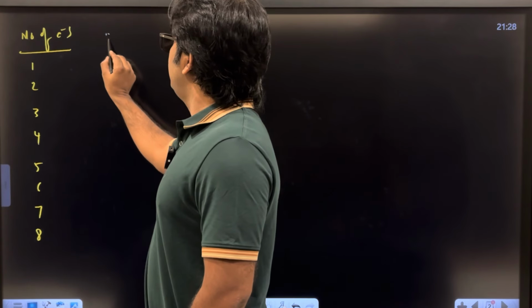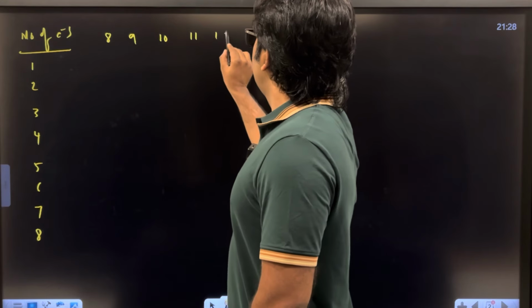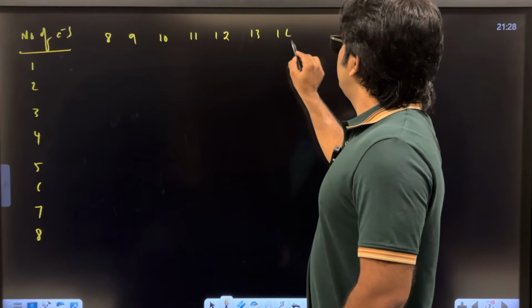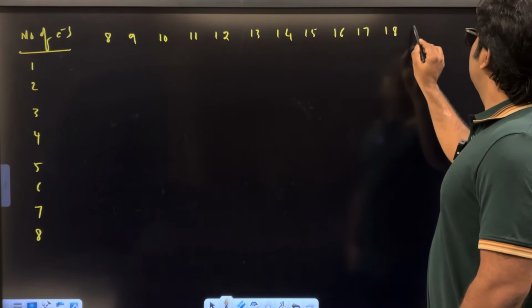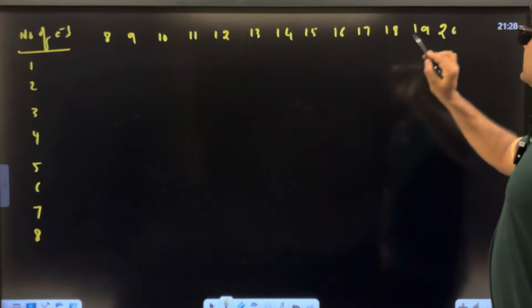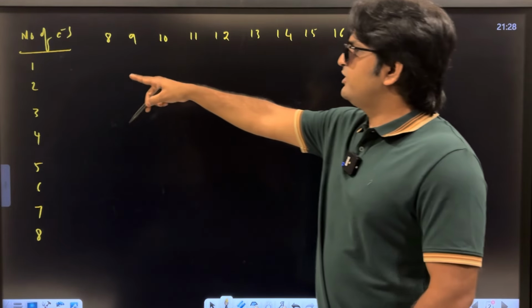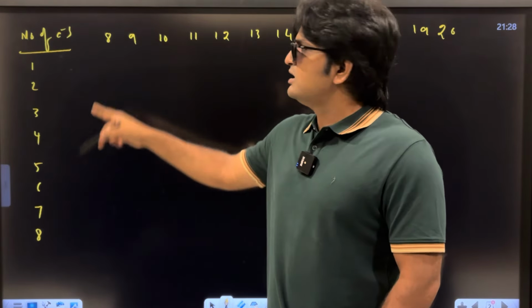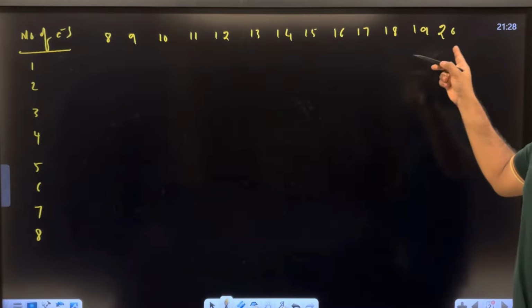Here I am taking 8, 9, 10, 11, 12, 13, 14, 15, 16, 17, 18, 19, 20 electrons.